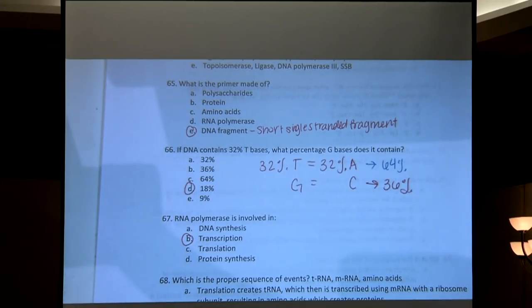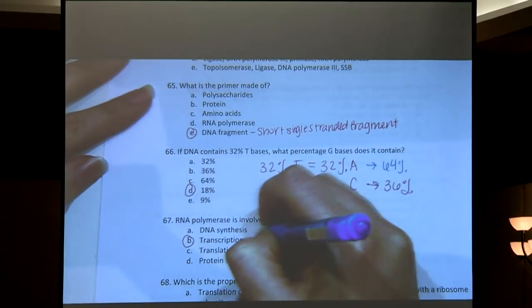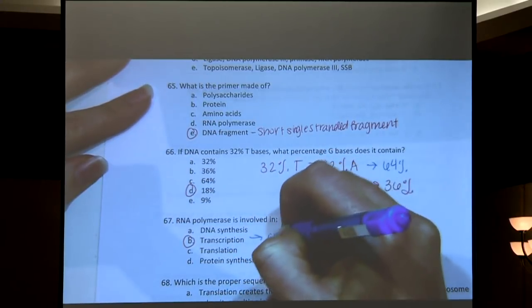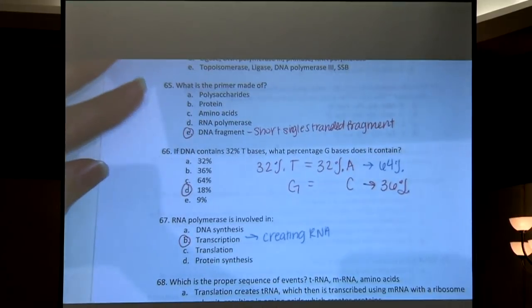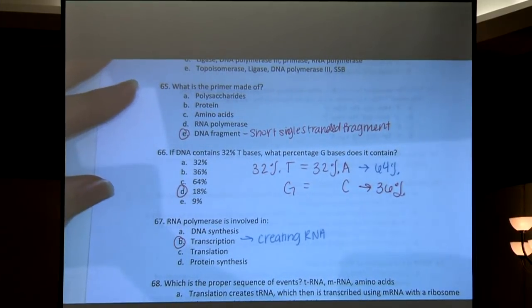Instead, we're going to use the RNA polymerase. Why are we using RNA polymerase? Because we're creating RNA, so it has to be made for usage with RNA.